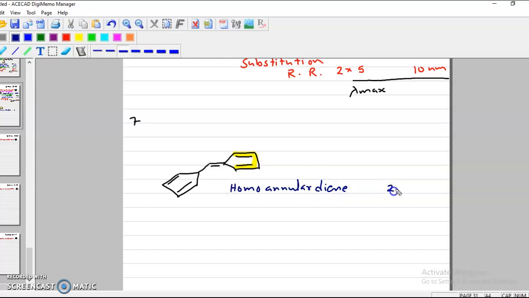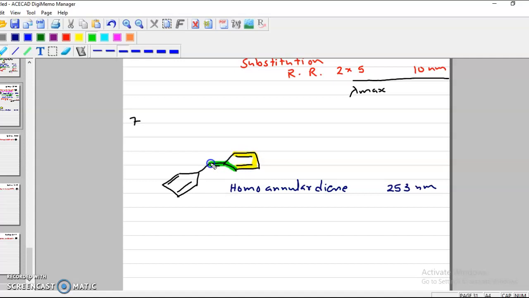For a homoannular diene system, we have taken 253 nanometer. Now, this one is an extension, but we will not consider this as cross conjugation. Why? Because these two are part of the system only.